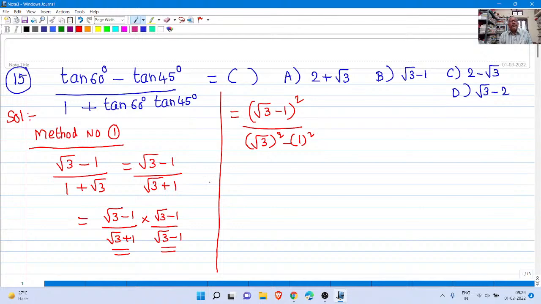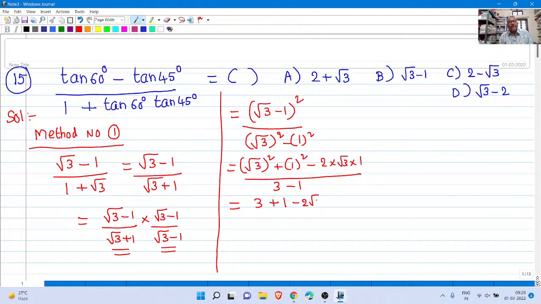So my dear students, A minus B whole square, you know the formula, that is root 3 square plus 1 square minus 2 times root 3 times 1. Root 3 square is 3, 1 square is 1, so 3 plus 1 minus 2 root 3 upon 2.